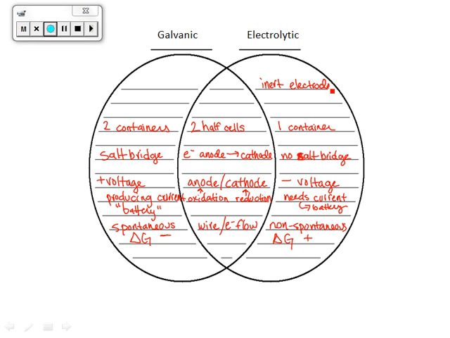And you can have those in galvanic too, but they're more common in electrolytic to have inert electrodes. Just some random metal that's going to conduct our electrons but not really react. So the main difference that you want to keep in mind is galvanic produces energy, electrolytic requires that energy.